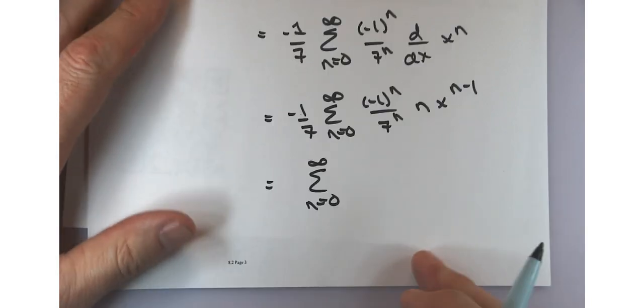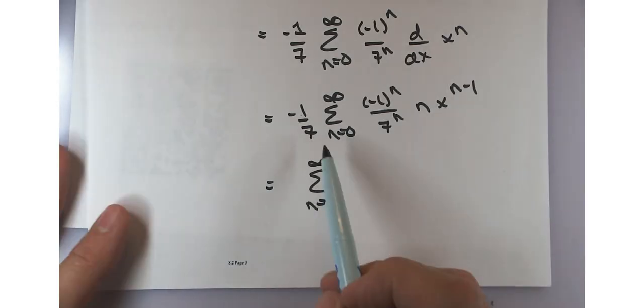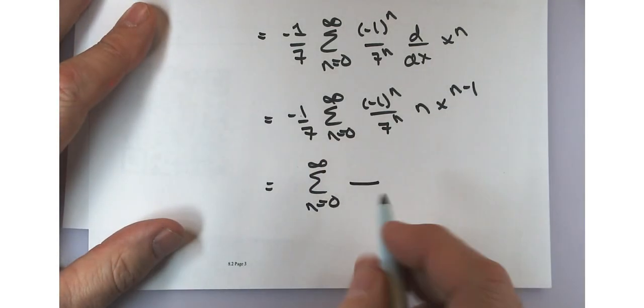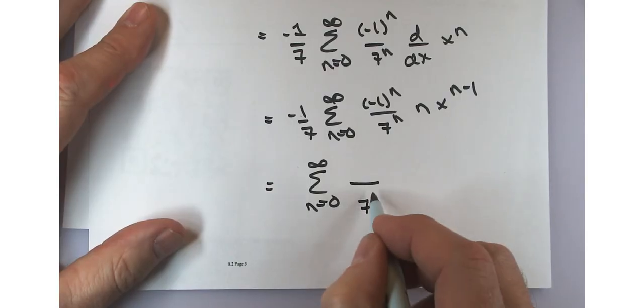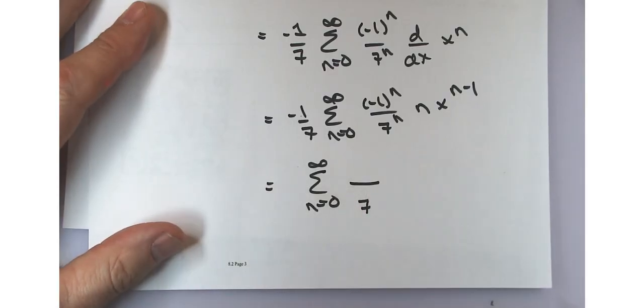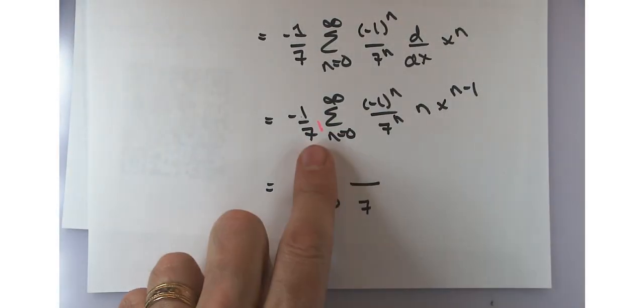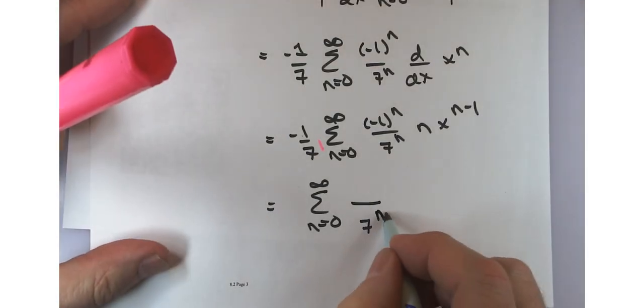Let's do a little mind experiment here. If I multiply that 7 inside here, what's going to happen to this term here? What will I get? Yeah, 7 to the n plus 1. You've got an exponent of 1 out here, so when we multiply that in, you're going to get 7 to the n plus 1.